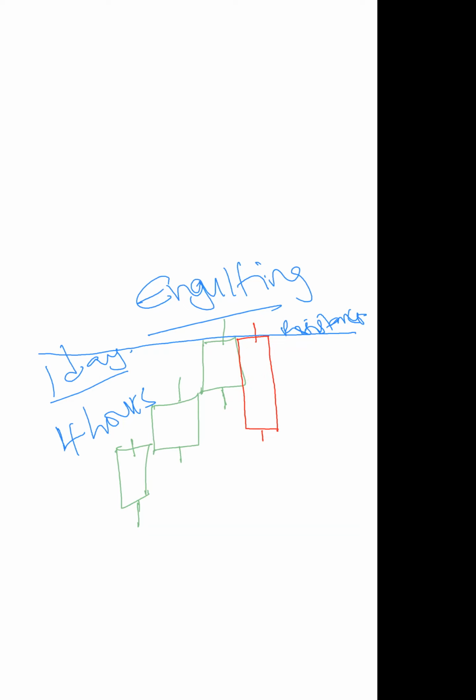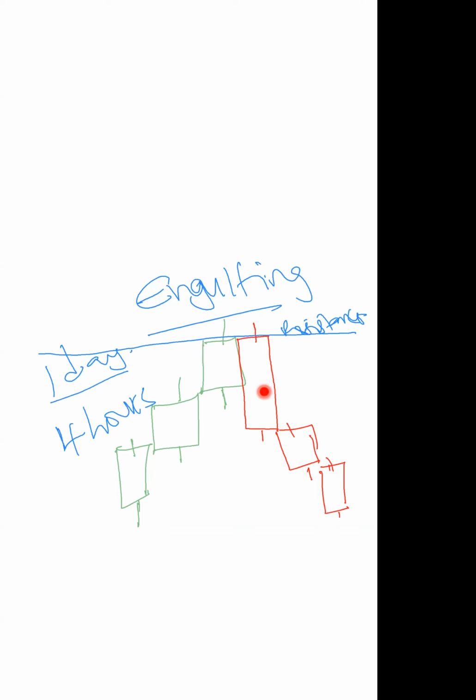You realize that the next candles to come will go down like this. The market will now go down because at this point, the buyers lost momentum and sellers took over.